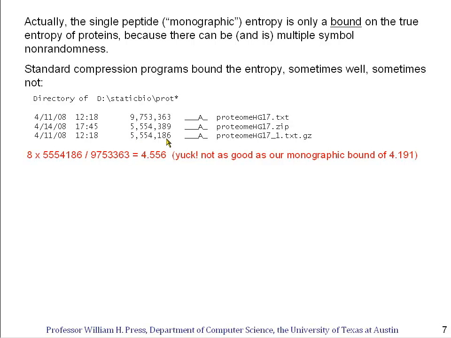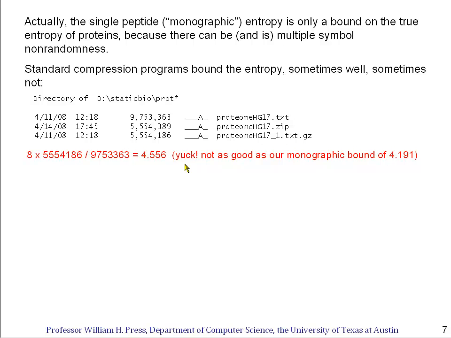That gives the number of bits, because this is the number of bytes, of course. Whereas the number of characters in the original proteome was this higher number because they were represented just in ASCII as one character per amino acid. Okay, so the number of bits per character comes out to be 4.556.